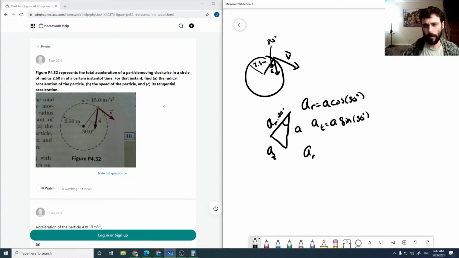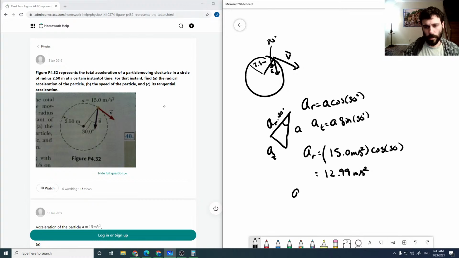So A radial is A cos 30. A is given in the question as 15 meters per second squared times the cosine of 30, which comes out to be 12.99 meters per second squared.